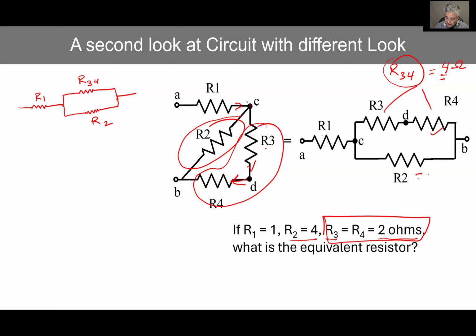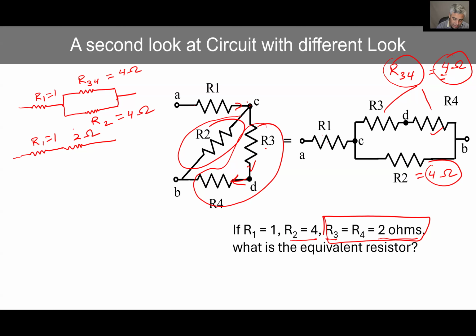And now R2 is also 4, and both of these are in parallel with each other. When two resistors are in parallel and they are equal, the equivalent becomes half, as we learned last time. If you don't remember, use the formula and find it out, and this is going to be 2 ohm.